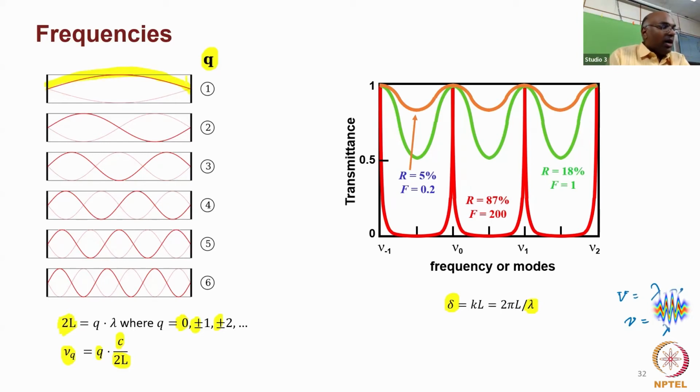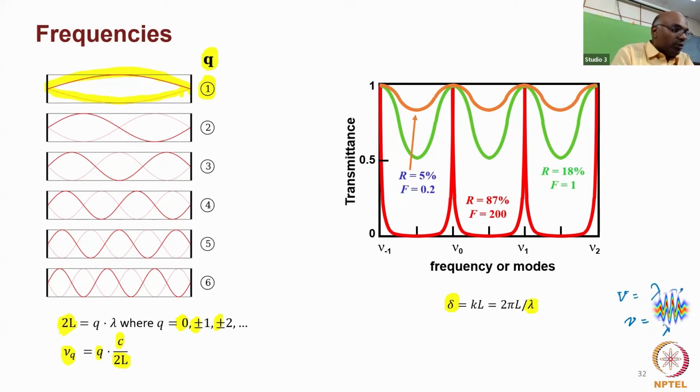This is half a wavelength. So one round trip corresponds to half the wavelength. In the other half of the round trip, the other half of the wavelength is covered for the frequency of the mode with q equal to 1.